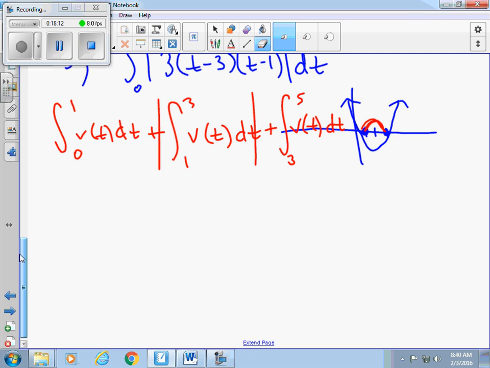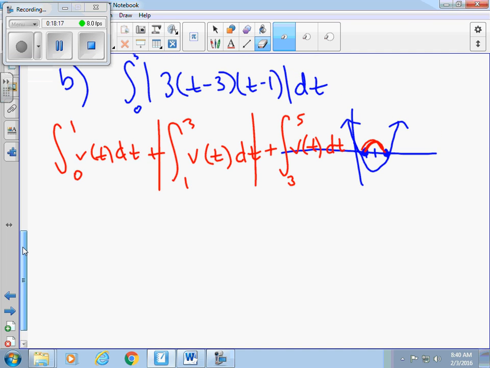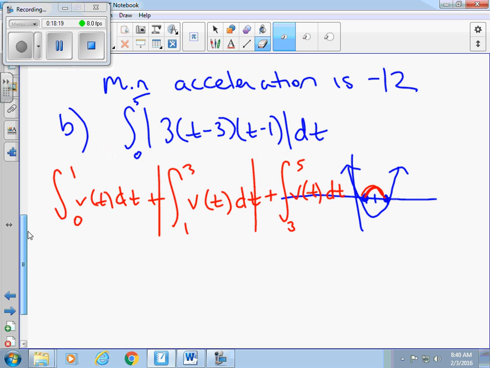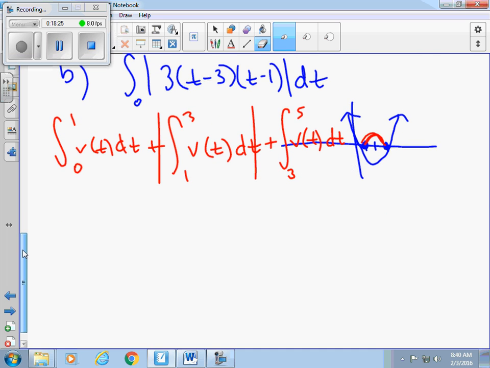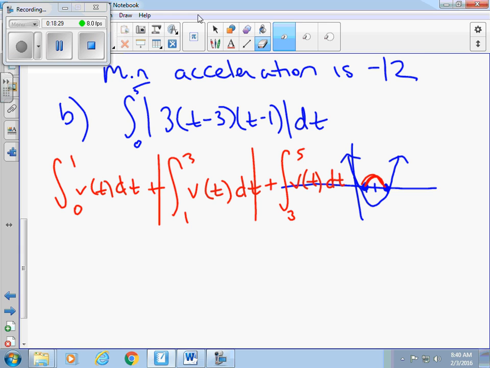Did we find total distance before we ever did integrals? Yes, we did, didn't we? In derivatives. Remember the silly little mouse diagram? Like we were going to the right, and then we were going to the left, and then we added up the total distance.